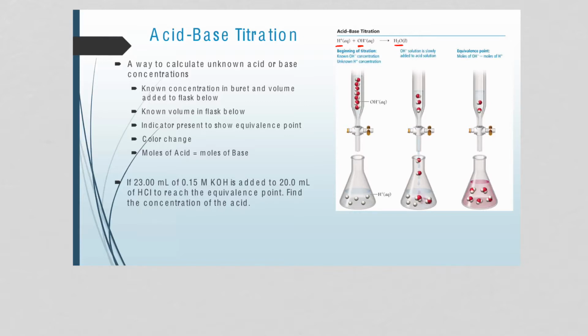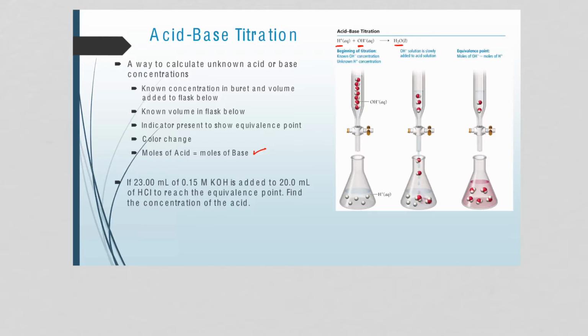So if we know the moles of, say, the acid, then we know the moles of base needed to react with it are going to be the same. By using the stoichiometry of the balanced equation, the ratio, we know that when we do this kind of titration with most acids, the moles of acid are going to equal the moles of base.